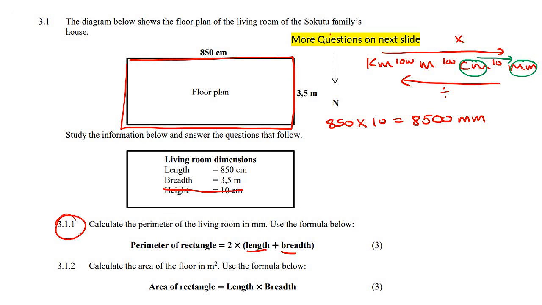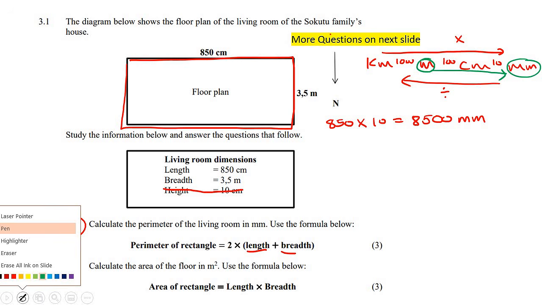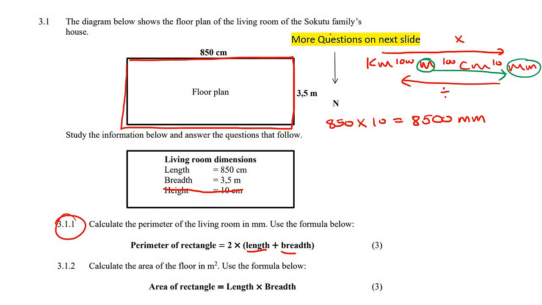Then we're going to convert this one. This one is in meters, and we want to get it to millimeters. So we're also going to multiply. We're going to say 3.5 multiplied by all the numbers that you pass. There's 1,000, and then there's a 10. That's going to give us 3,500 millimeters. Now we can use their formula.